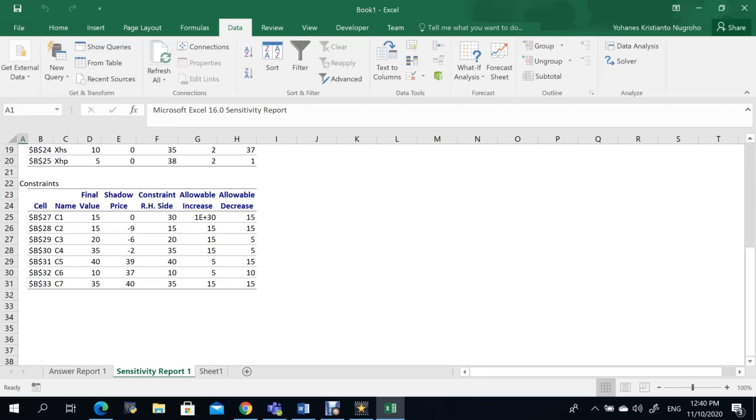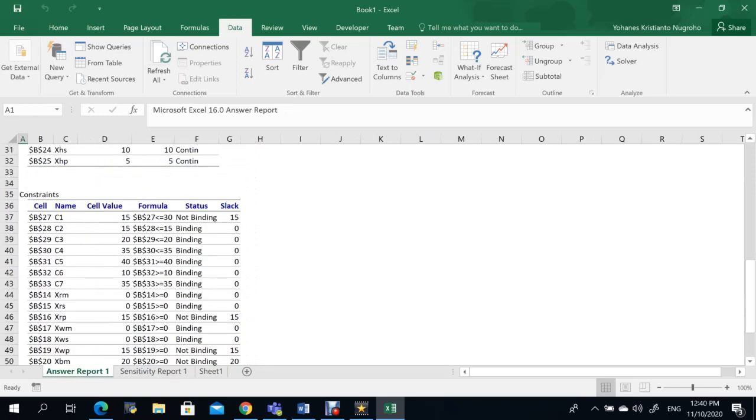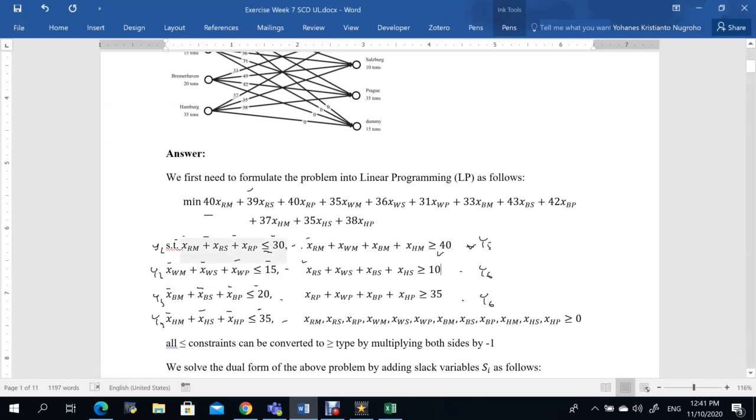But for C2, the final value and the constraint right hand side are equal, meaning that the slack variable for this constraint is equal to 0, right? Also for constraint number 3, number 4, number 5, number 6, and number 7. That also explains our previous table here, that constraint number 1 is not binding because there is a slack variable used, so the transportation is not used maximally, even though the constraint states that XRM plus XRS plus XRP is less than or equal to 30.